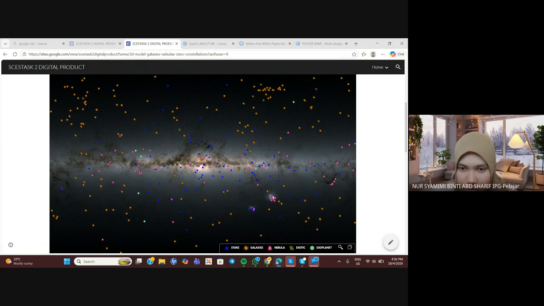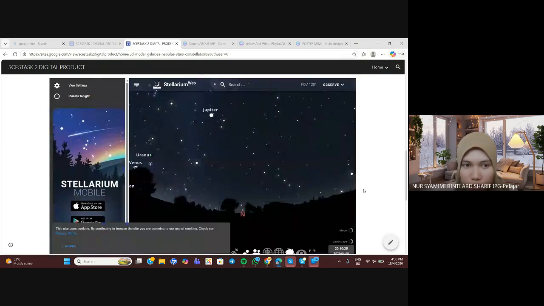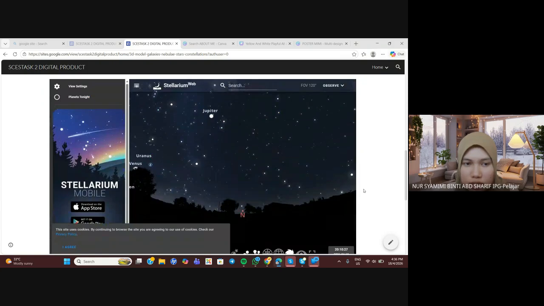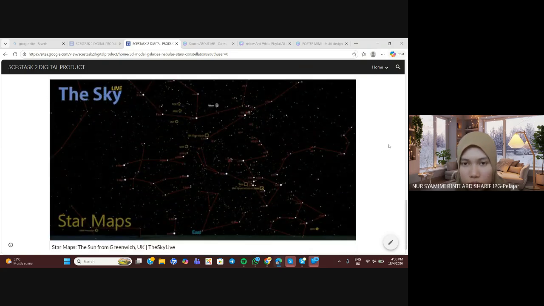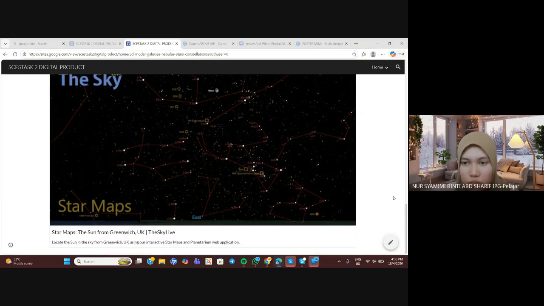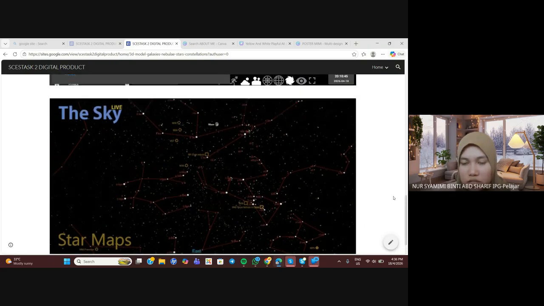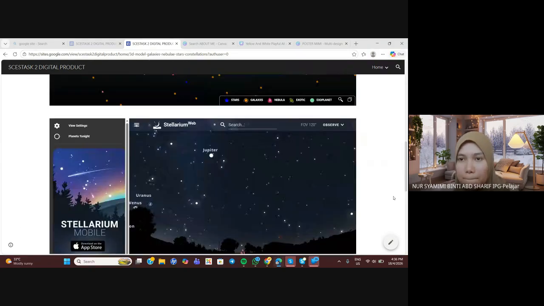For example, here we can know the types of nebula and the picture of it. For the next website, we have Stellarium, which is about the planets. And the last one is the Sky Life website, where we can see the stars and the Milky Way in a deeper and 3D way.